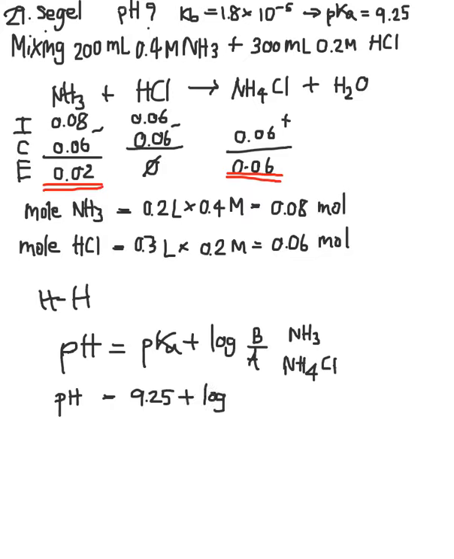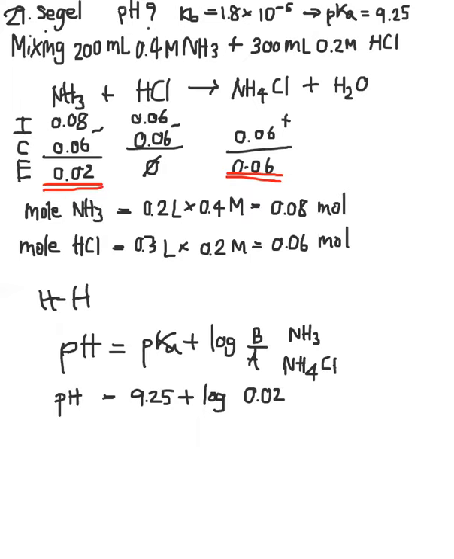Actually, in this equation you need to plug in the concentration of the basic species and the concentration of the acid species. What we have at equilibrium is that for ammonia we have 0.02, and this is moles, right?